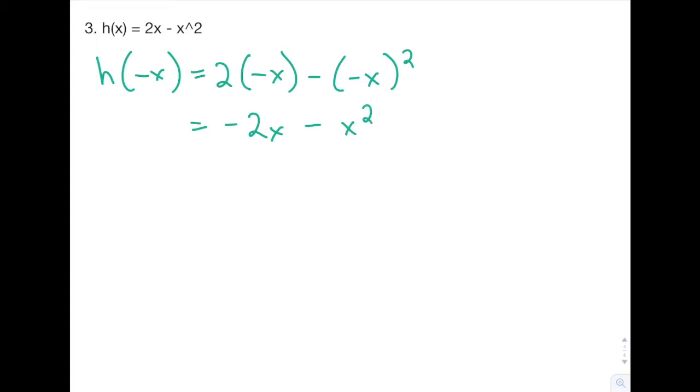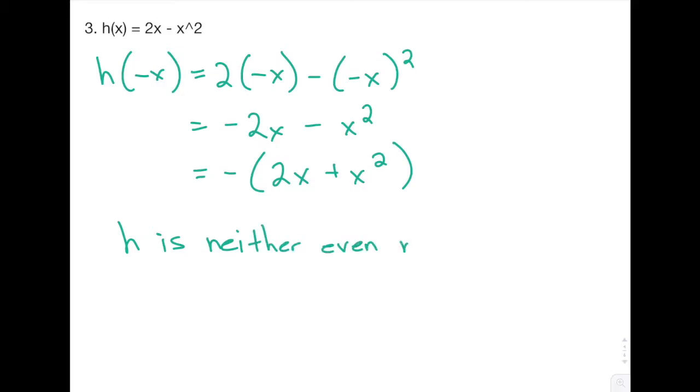And this looks like we might have a problem, because if we factor out a negative, we have 2x plus x squared, and this is not our original function, nor is negative 2x minus x squared. So since we don't satisfy the condition that h of negative x equals h of x for it to be even, or h of negative x equals negative h of x for it to be odd, h is neither even nor odd.